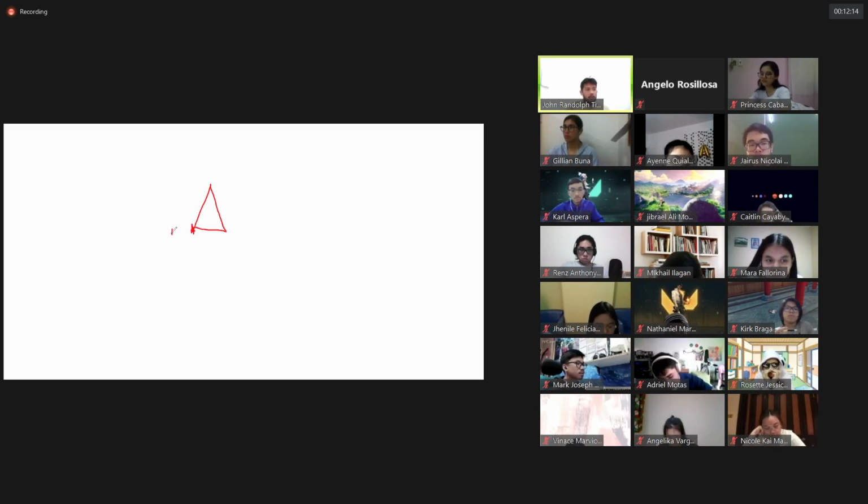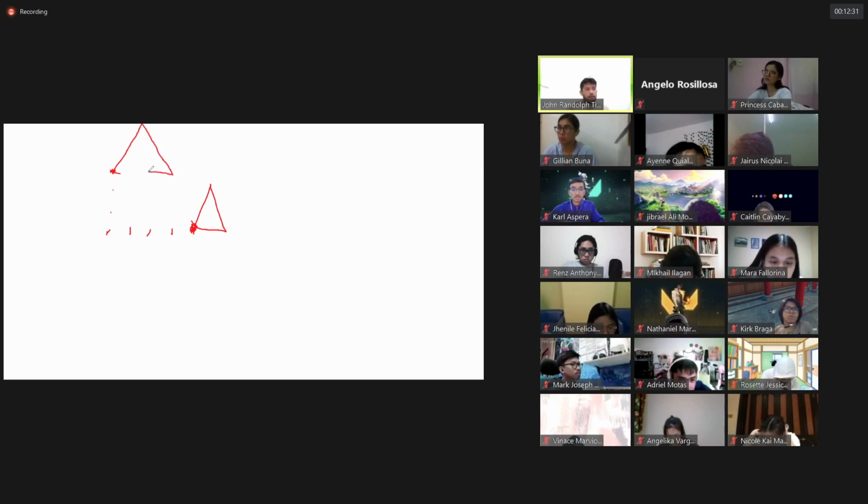So ibig sabihin, magbibilang ka 1, 2, 3, 4, to the left, pero sinabi din dito na 3 units up. You count 1, 2, 3. So ibig sabihin, nandito na yung bagong edge ng triangle na to. By using a graphing paper, you can have your translated figure as indicated by the movement.